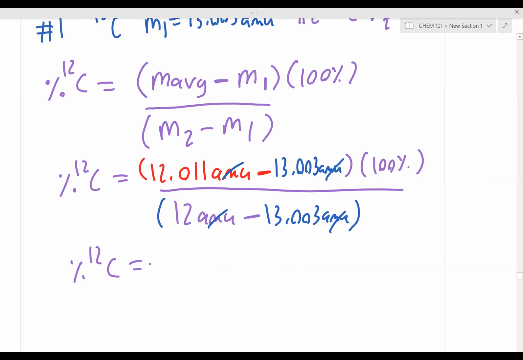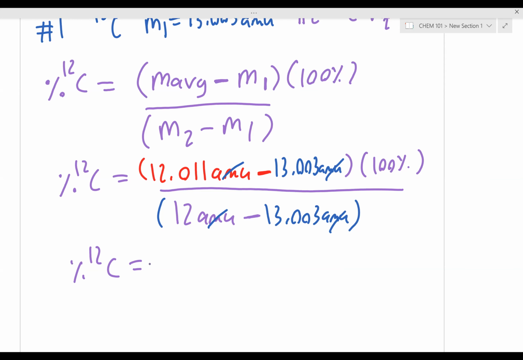Everyone okay so far? Okay. Now we're going to hit the division symbol, which is right here, and then hit parentheses. Make sure you input the parentheses. Now we're going to input this subtraction operation, still in our parentheses.